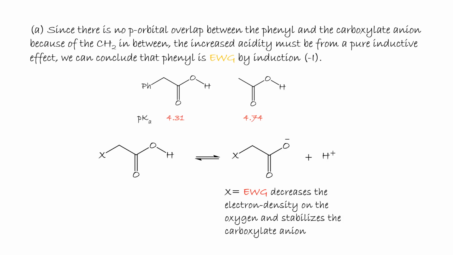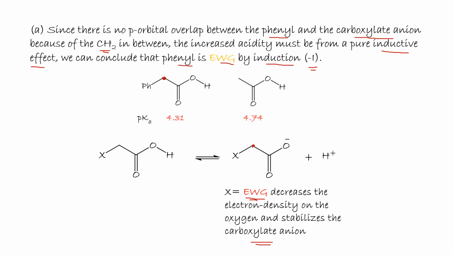Since there is no p orbital overlap between phenyl and the carboxylate anion, because of the presence of CH2 in between, the increased acidity must be a pure inductive effect. And we can conclude that phenyl has an electron withdrawing inductive effect, because an electron withdrawing group decreases the electron density on the oxygen and stabilizes the carboxylate.